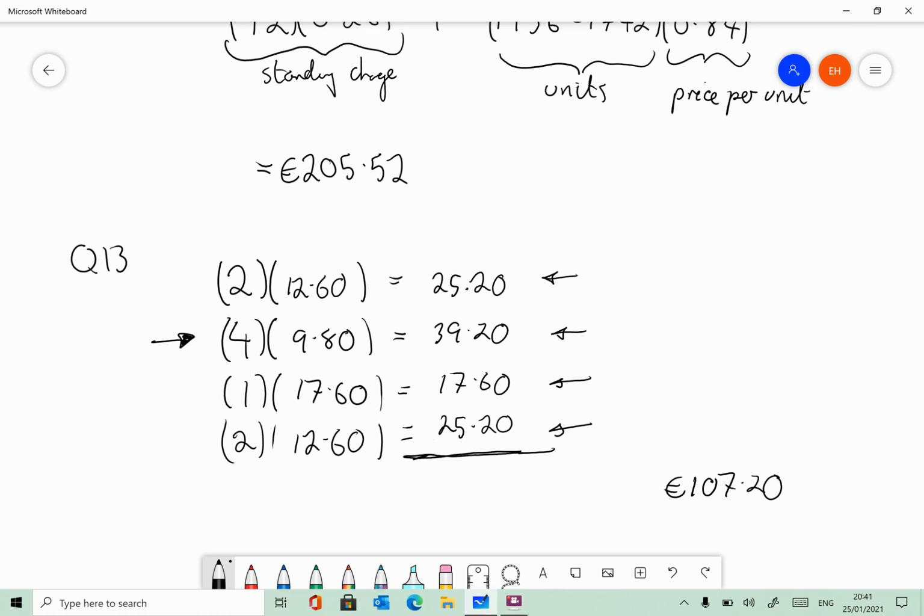And I can add them up now together, plus 17.60 plus 39.20 plus 25.20 equals 106.66. How did I get a 66 at the end of that?